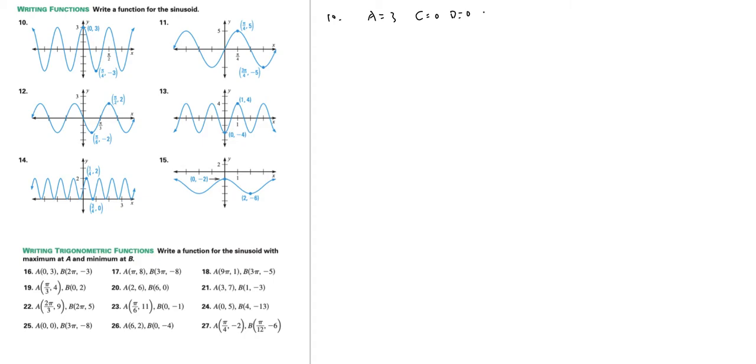B is equal to 2 pi divided by the period, which in this case is pi over 2, so that equals 4. Hence if we use cosine, y equals 3 cosine 4x.